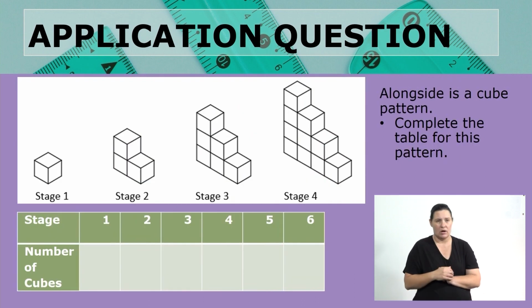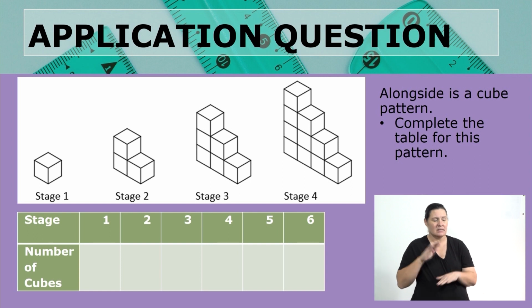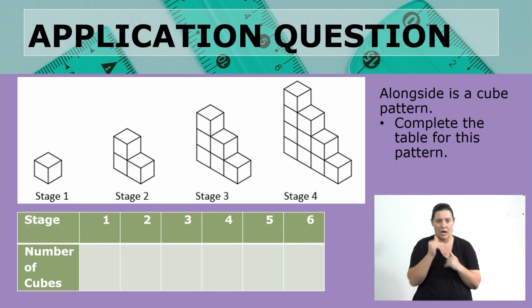Let's look at the next one, which is similar to the one that we just did, but with different shapes. So if we look at the first, we are now looking at the number of cubes. So if we look at the first stage there, we have only 1 cube. But if we look at the second stage, it's actually 1 plus 2 cubes, which is going to give us 3 cubes in total.